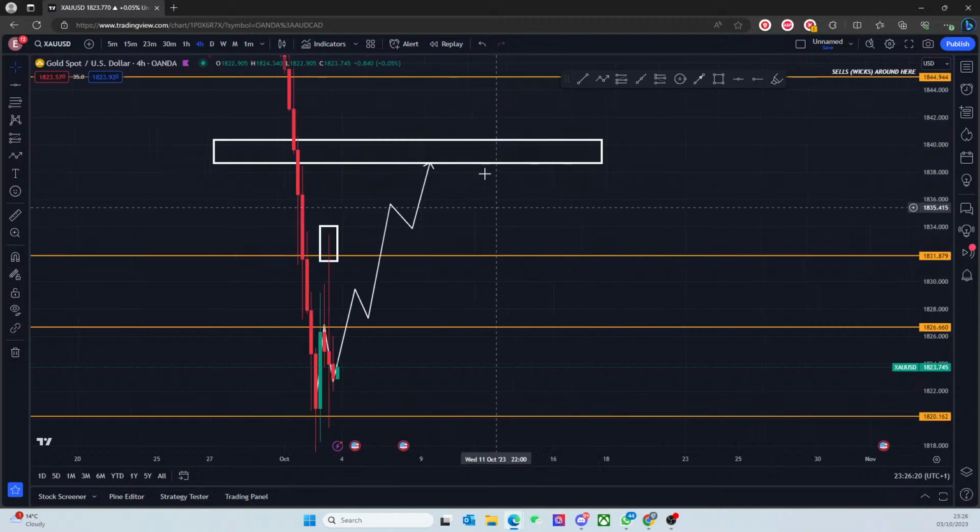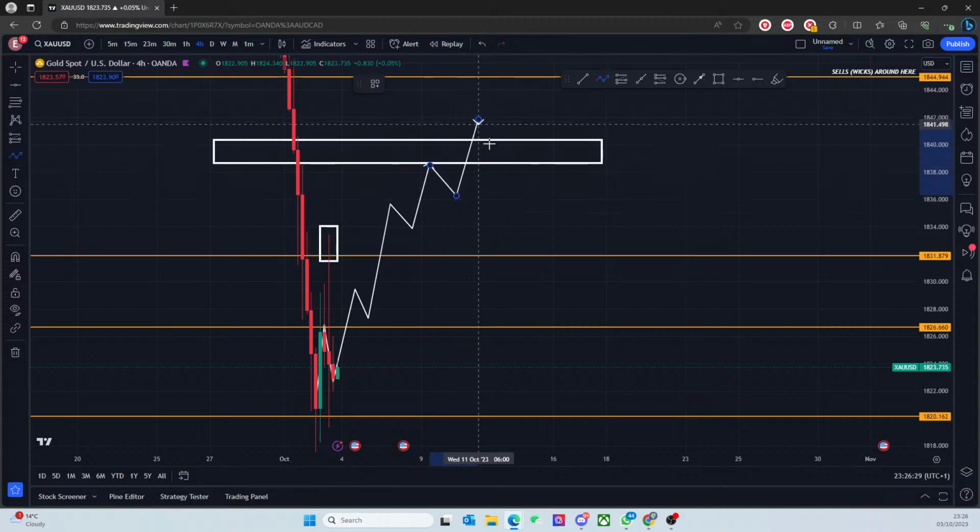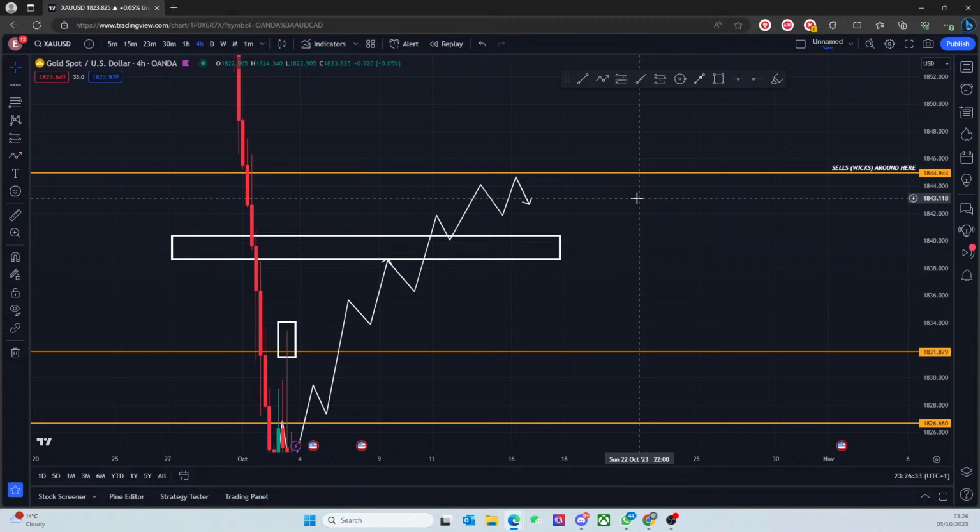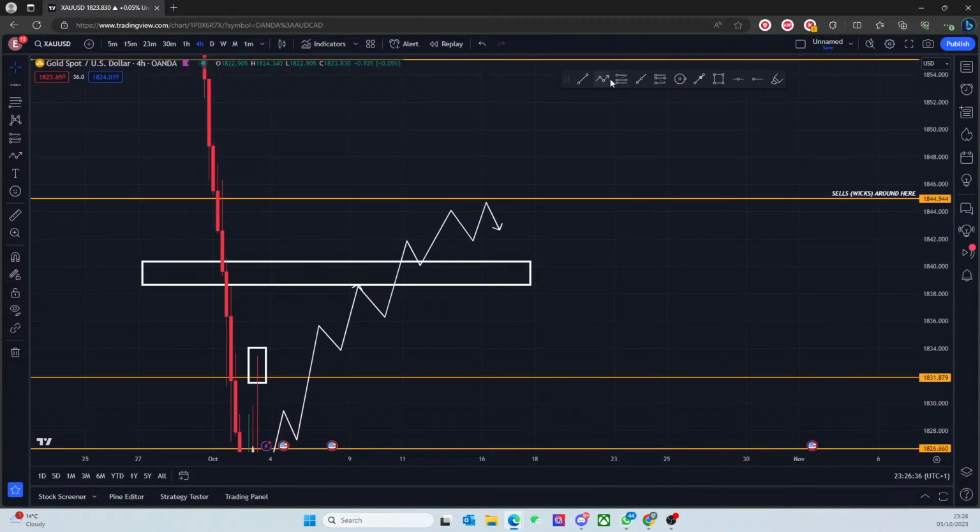But if price just continues pushing up and then it starts ranging here, I will not be looking for sells here, just because I know that if it is going to grab liquidity, it's going to break and then come down. So these sells are obviously conditional and dependent on market structure.